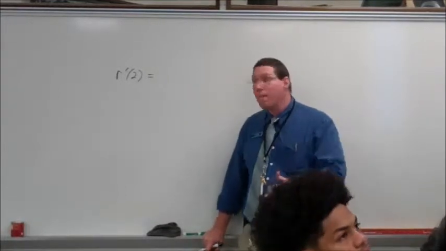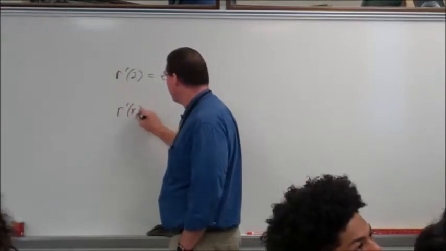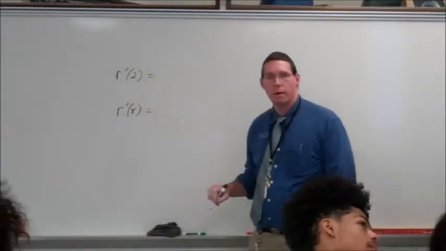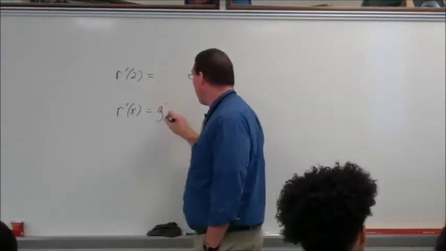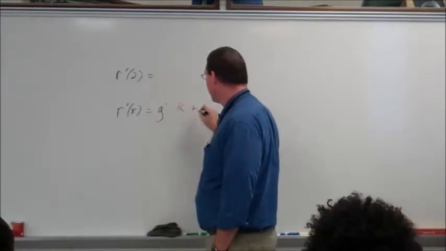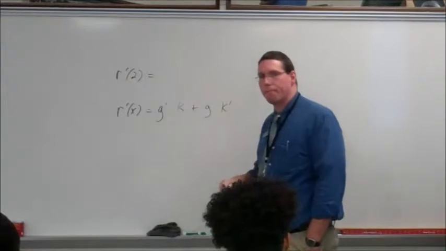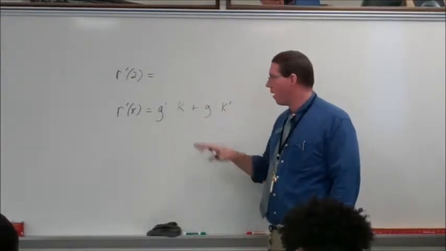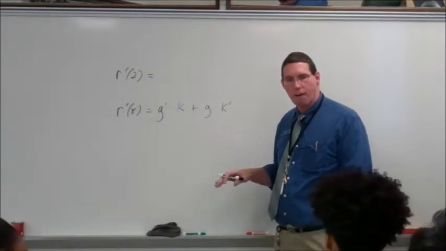So if we want the derivative of r of x, what is r prime of x going to be equal to? Yeah, the derivative of g, so g prime times k plus g times k prime. Is this correct? Wait, where's k at? Product rule? It's in the table. Oh, at the bottom. There's values in the table.